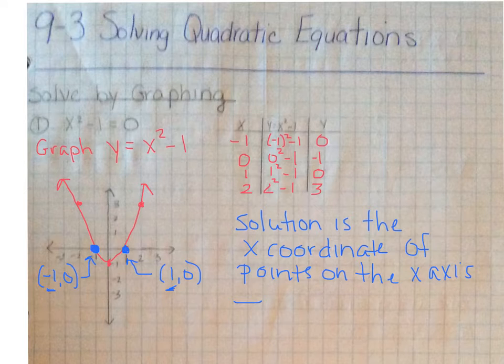So in this case, we have two solutions, plus and minus 1. So that means that +1 and -1 are both solutions to the original quadratic equation x squared minus 1 equals 0.